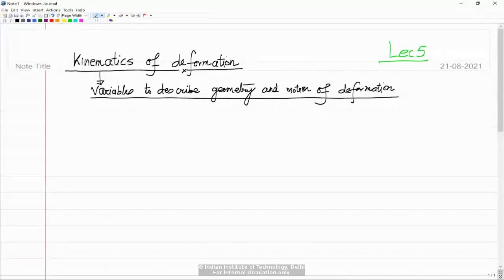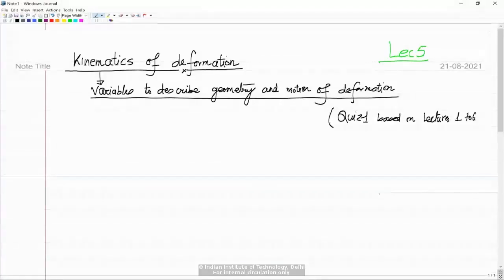Okay, so I'm not going to use green color. All right, and I'll just write here that the following week we are going to have a quiz. So that's quiz 1 based on lectures 1 to 6 of AML 805, I guess.